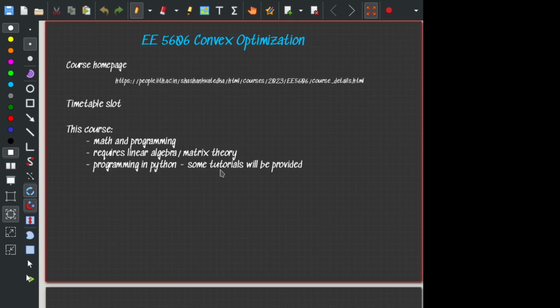This course will involve a lot of math and programming, and by the end of the course, hopefully you should be able to pick up a project, formulate an optimization problem, solve it on your own, and present it in the form of a report. So that's what you can expect from this particular course in terms of assessment. Grading will be relative, and that's about it for assessment.